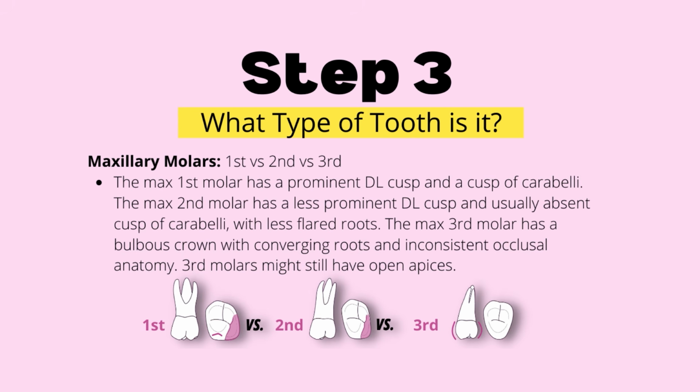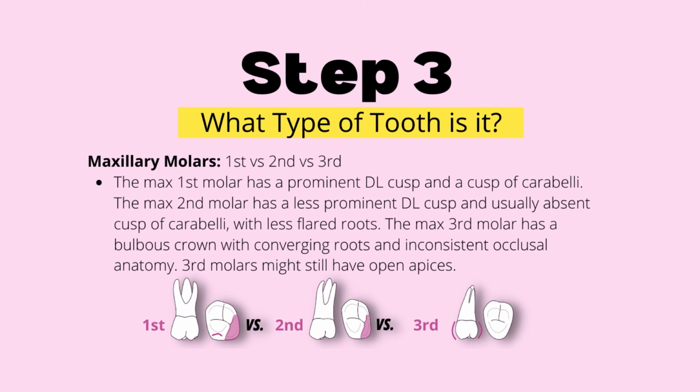For the maxillary molars, there are 3 types, the first, second, and third. To tell these apart, you're going to look at a few things, the roots and the occlusal anatomy and cusps. For the maxillary first molar, there's a very prominent distal lingual cusp, and there's going to be a cusp of Carabelli. The roots are going to be the most flared of these 3 types.